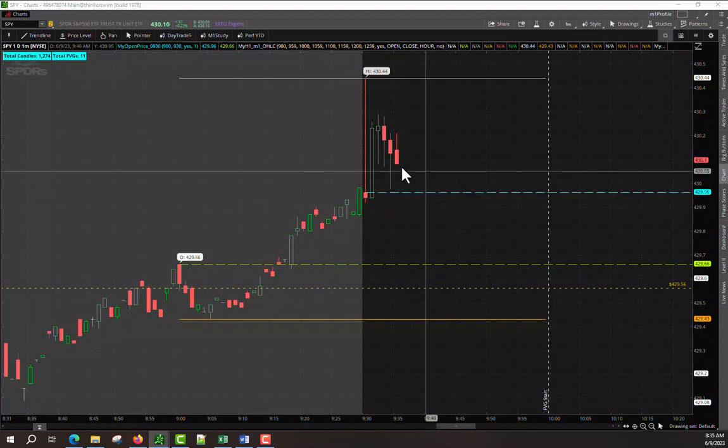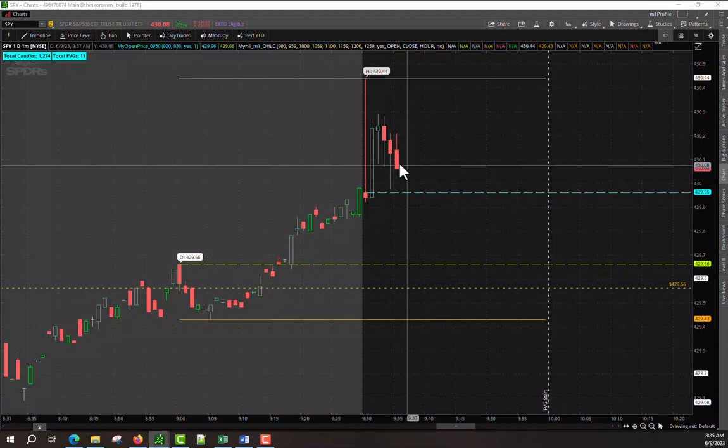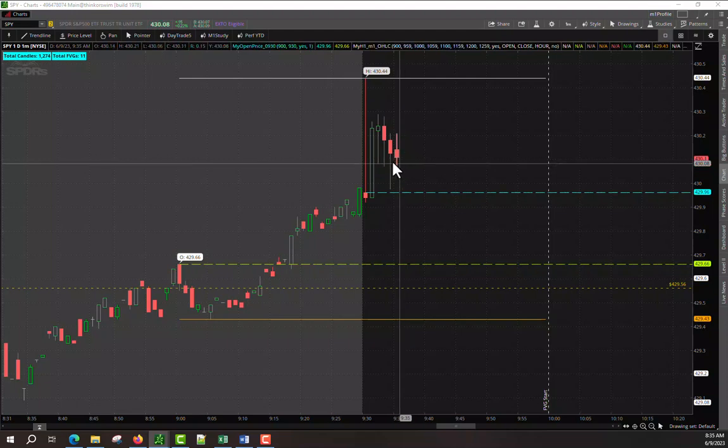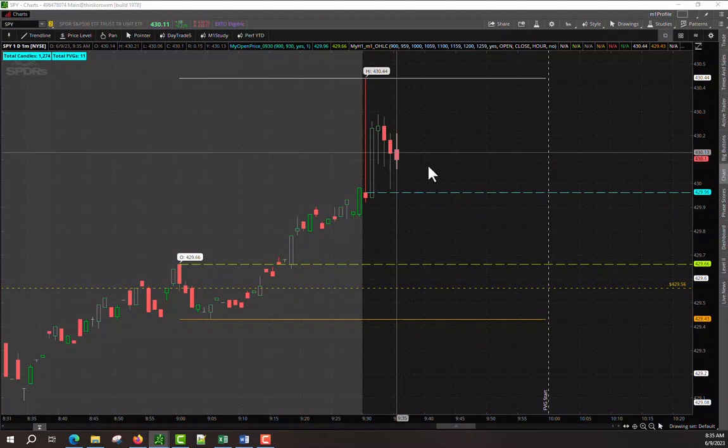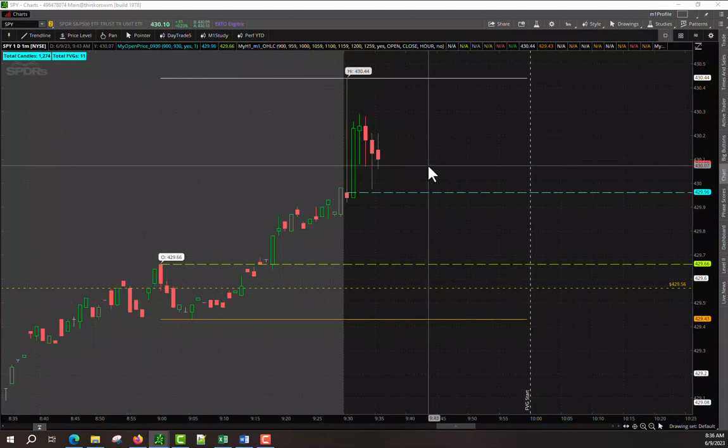So it's 9:35 now, the first 5 minutes. Let's see how the price action plays out.